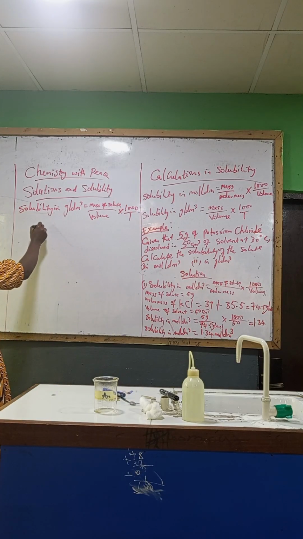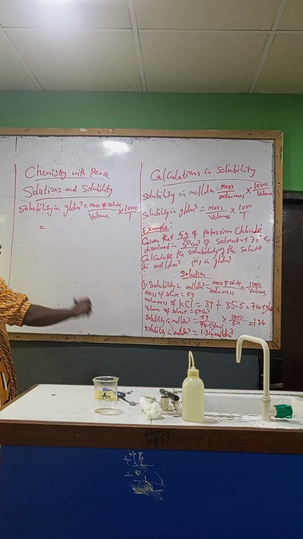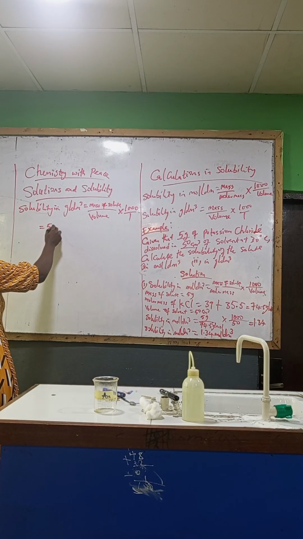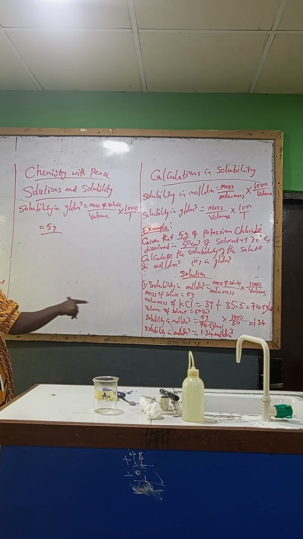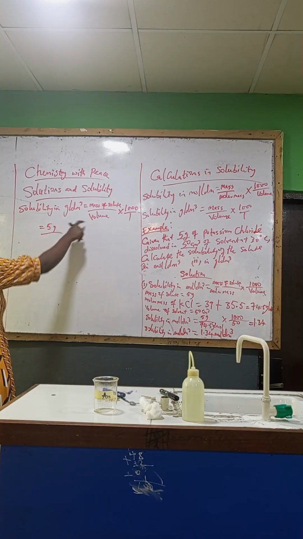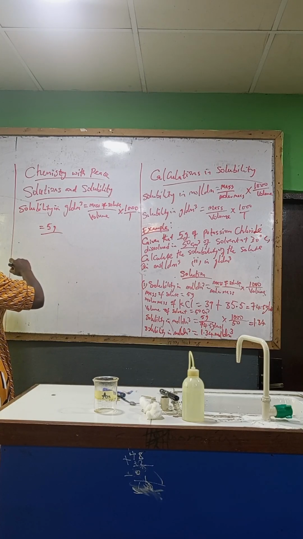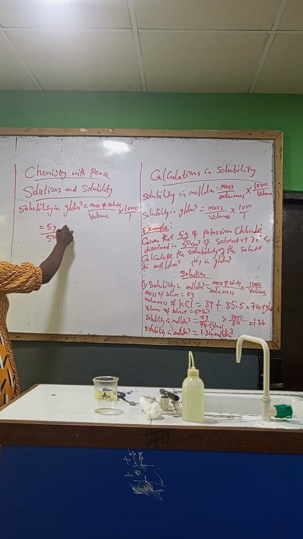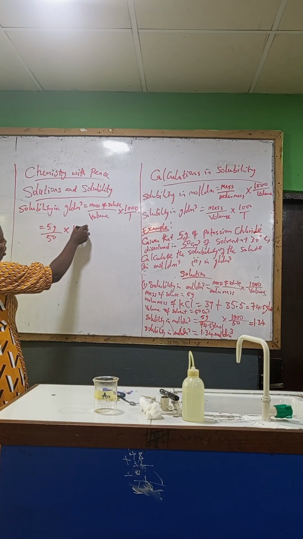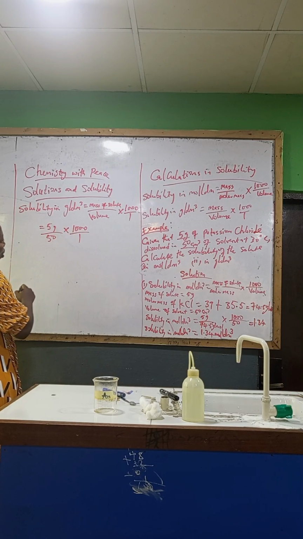The mass of solute is given as 5 gram over volume. The volume is 50 times 1000 over 1.